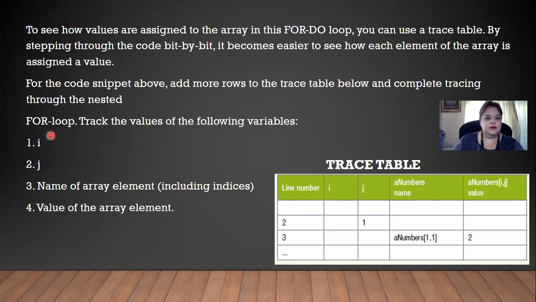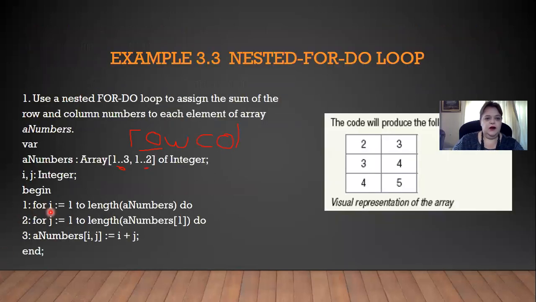Track the variables. Line 1 is going to be I, line 2 will be j, okay, there I've assigned j to 1. Let's just backtrack to see our code again. For I, 1 to length do, for j I said from position 1.